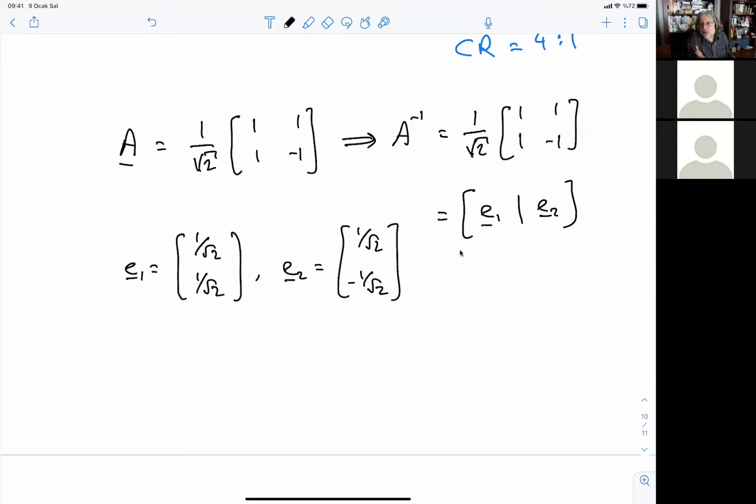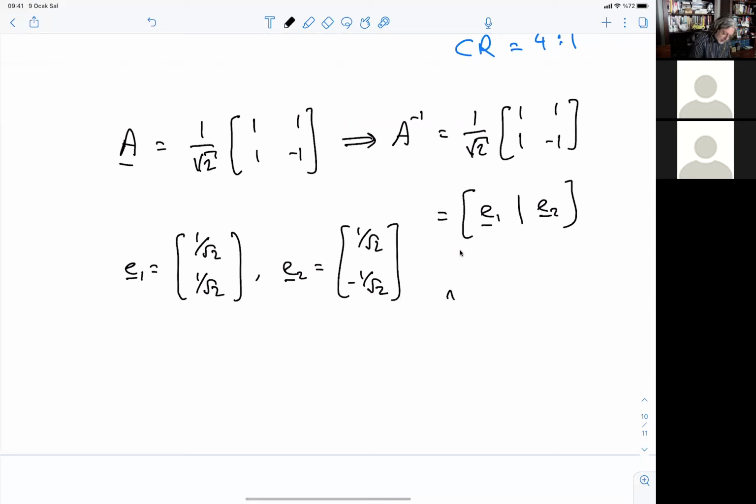The norm of E2 is also 1. And E1 is clearly orthogonal to the second one because of the positive negative cancellations. So from linear independence or from orthogonality, these two vectors of size 2 will span a two-dimensional space. So it's a basis.